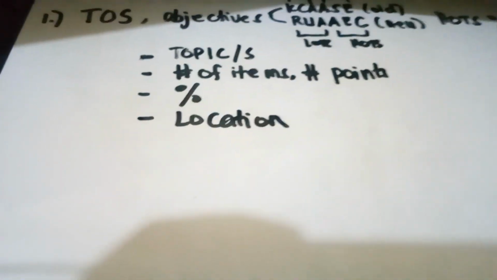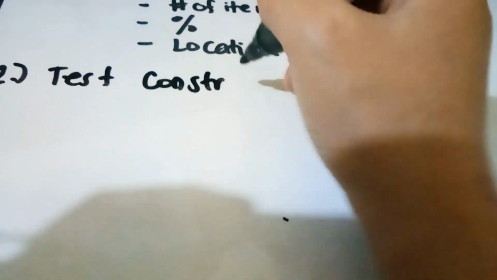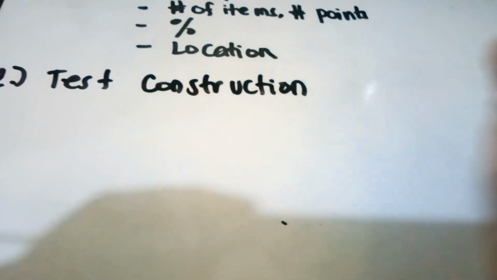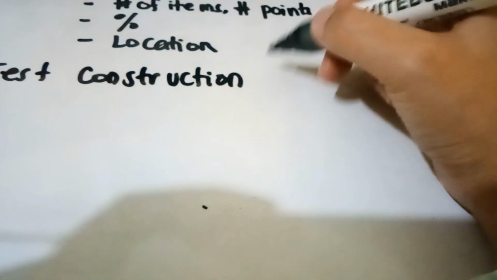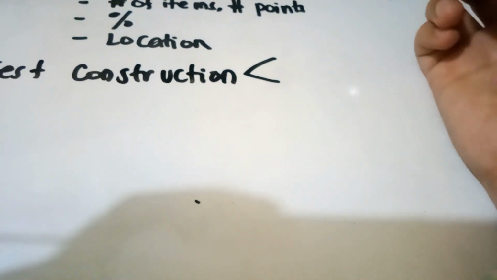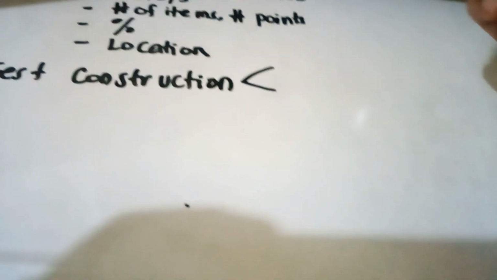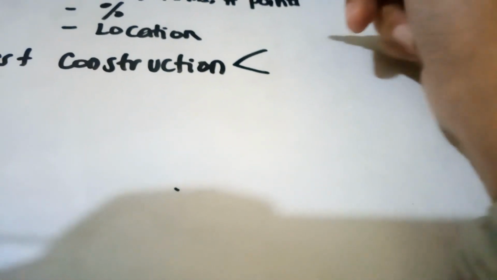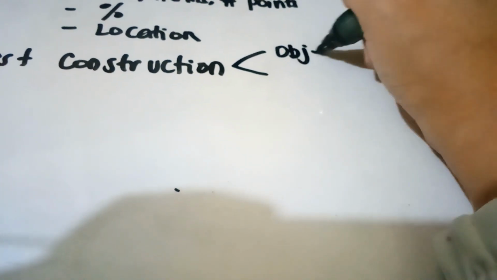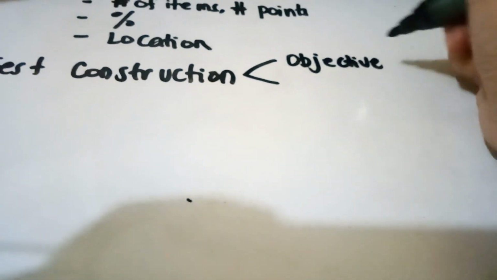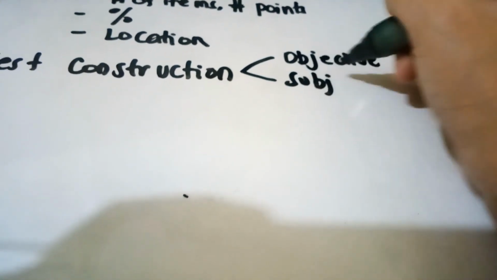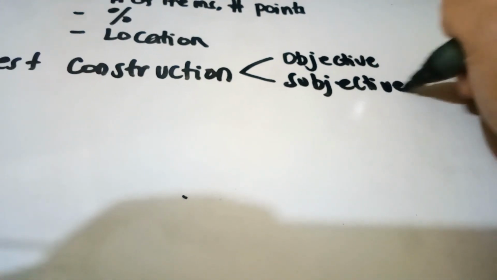So after making your TOS, you're now ready to construct your test, which is your second activity. Under test construction, we have teacher-made tests, subclassified into two main classifications: objective type and subjective.